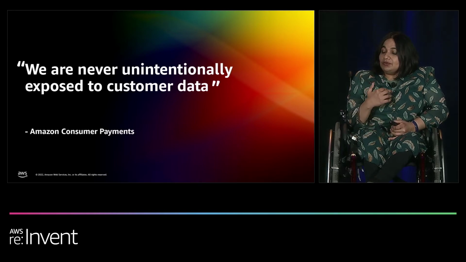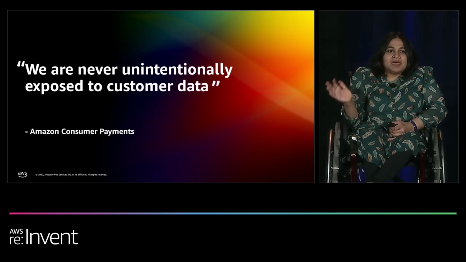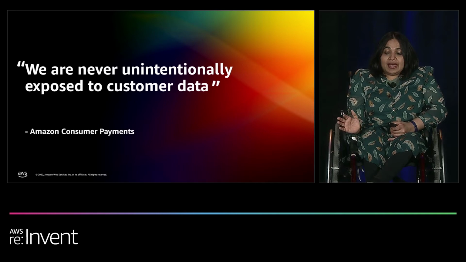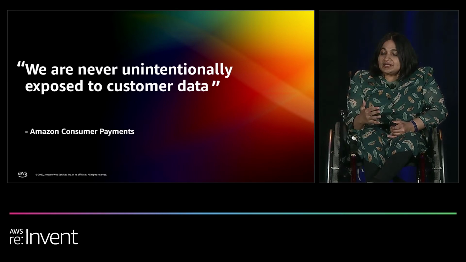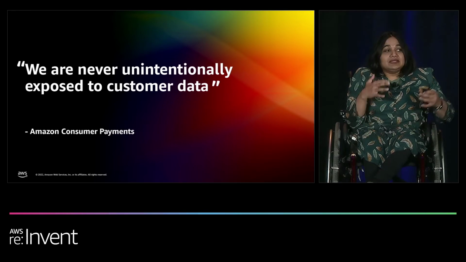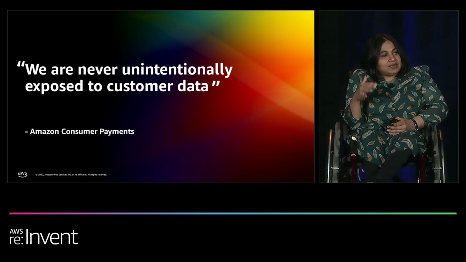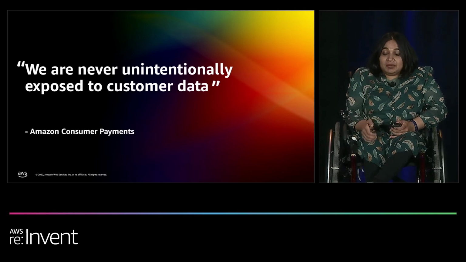Imagine if you could go to your management, to your board, and provide an assurance that we will never expose data publicly, or that the backups are completely immutable. That would be very powerful. And as I finish this, I'm actually going to talk about how this can be done.